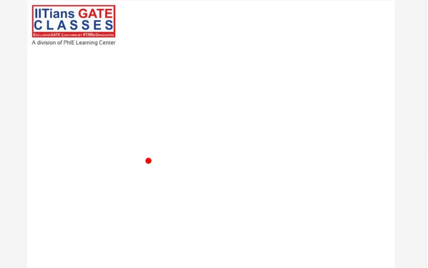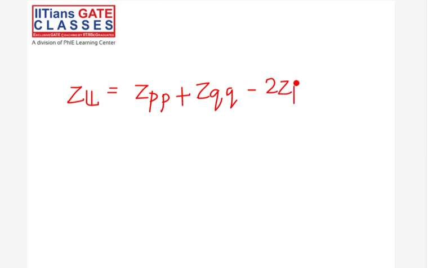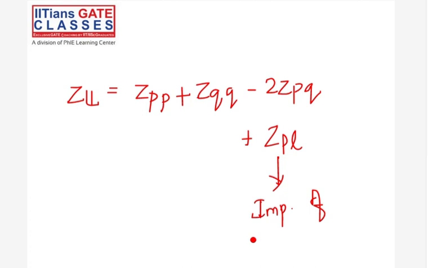And the diagonal element ZLL is given by ZPP plus ZQQ minus 2ZPQ, plus ZL, which is the impedance of the new element.